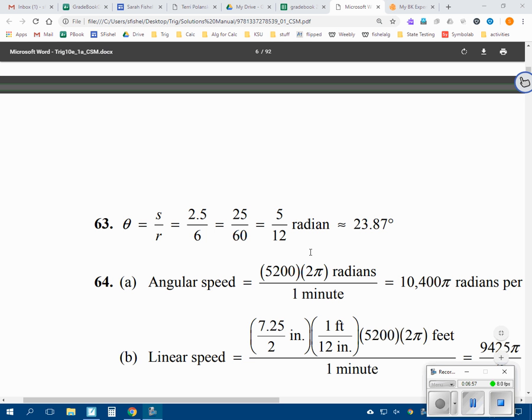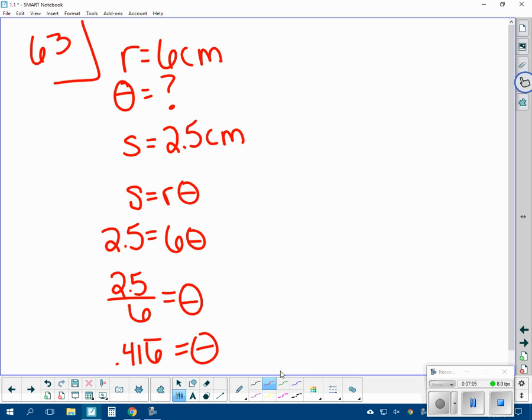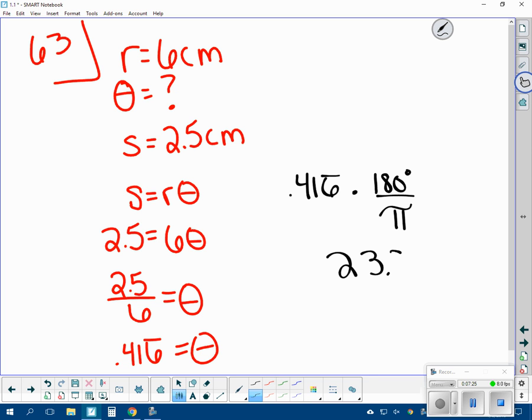5 over 12 is the same fraction, the 0.417. Okay. So then we need to take that and convert it. 0.416 repeating, times 180 degrees over pi, is 23.87 degrees.